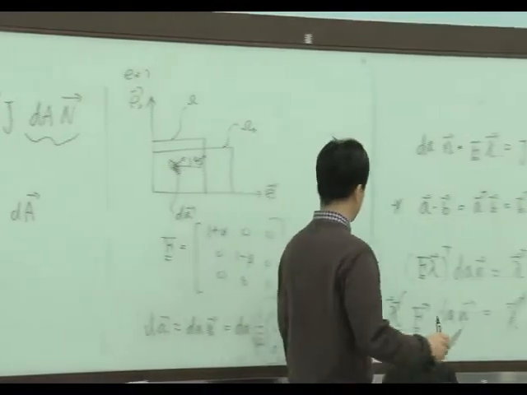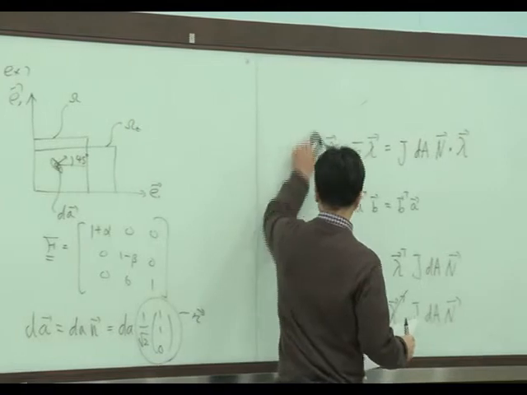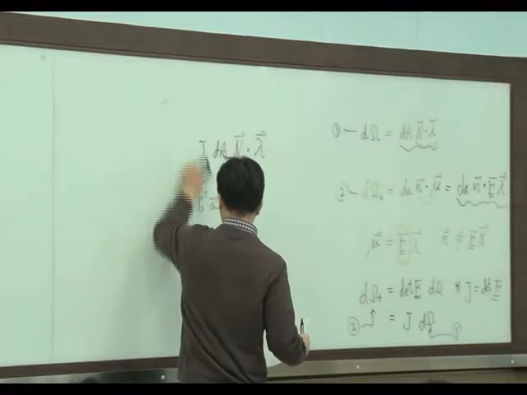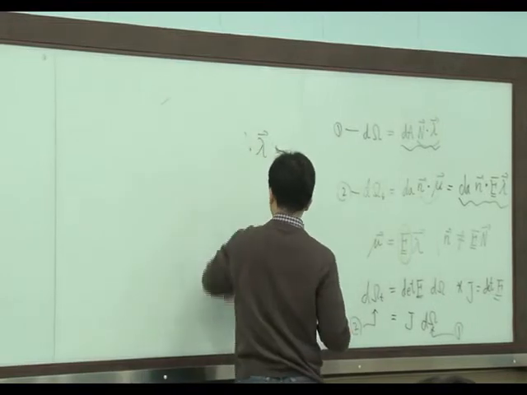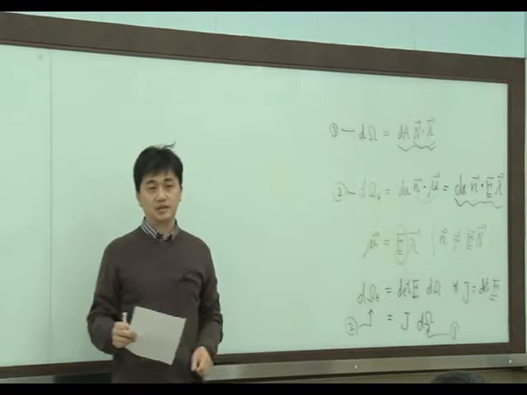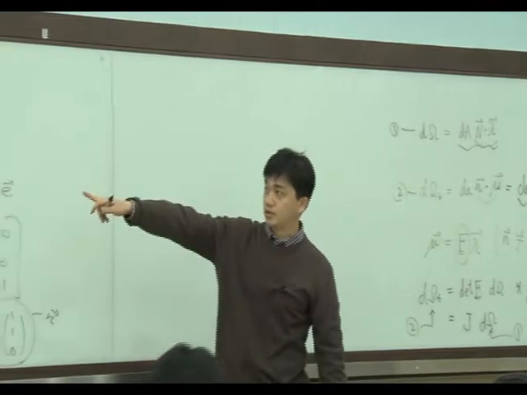Then we can calculate how the direction of that vector and the area of that surface vector is changed by using that equation.